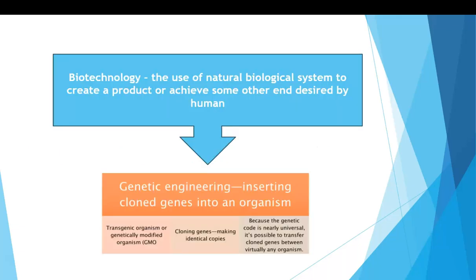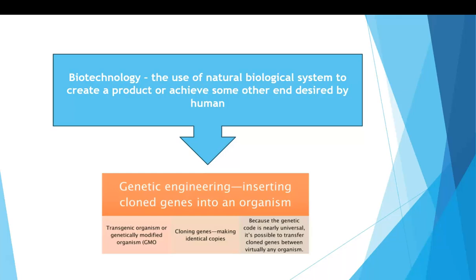Biotechnology is a very important field in which we use natural biological systems, such as plants, animals, and human cells, to create products or achieve the goals that we desire.